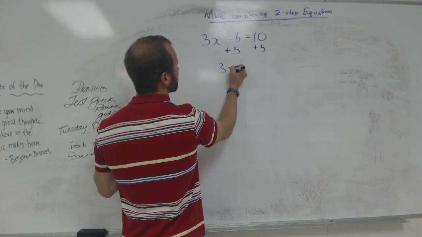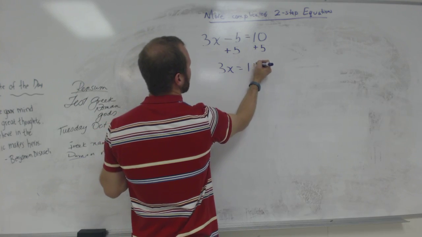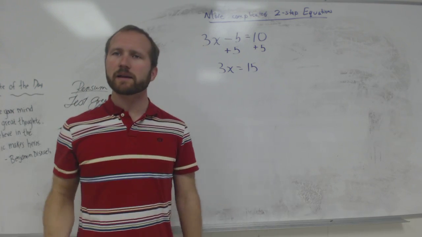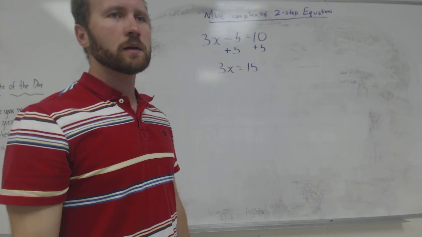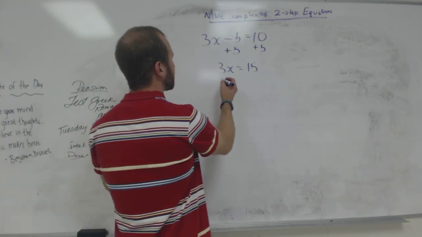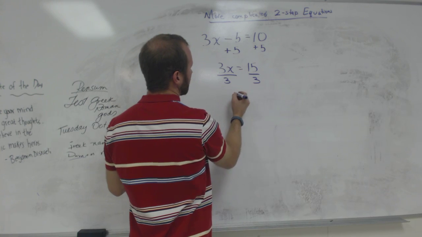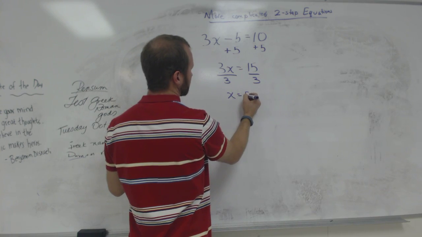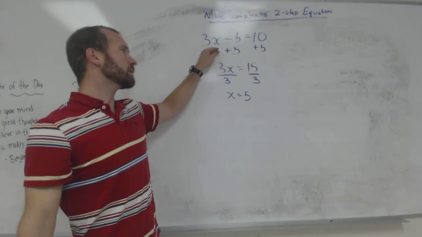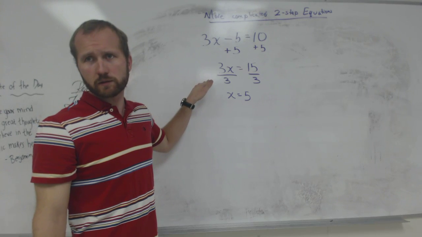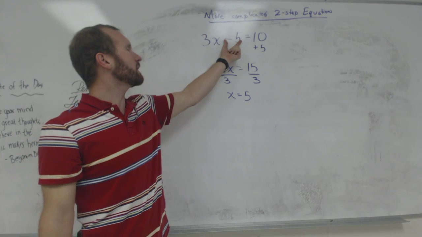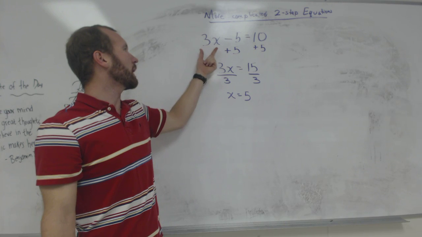So in this case we get 3x equals 15, and then by either dividing or sometimes multiplying. In this case we divide by 3, and we get x equals 5. So we add or subtract, then we divide or multiply. We get rid of this number, then we get x all alone.